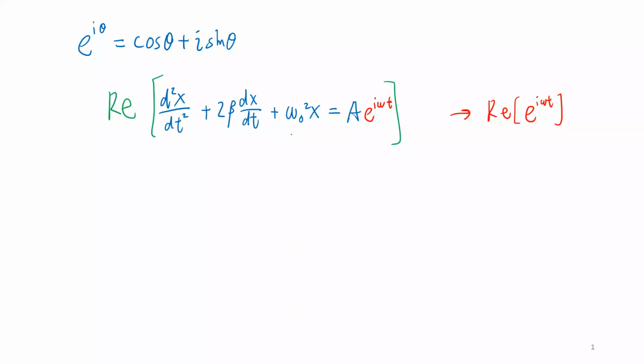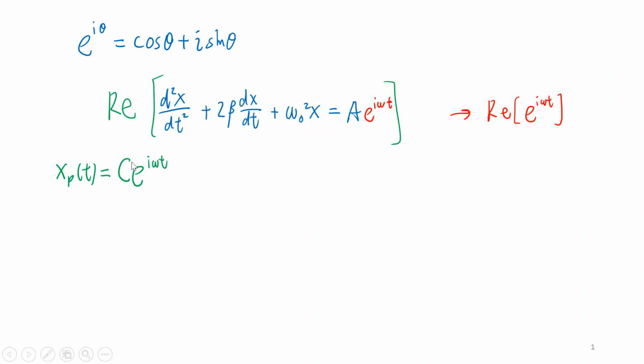But now, with this form, what I'm going to do is simply let the particular solution be in this form. Again, we keep in mind that at the end of the day, after we find the particular solution, we'll just take the real part.